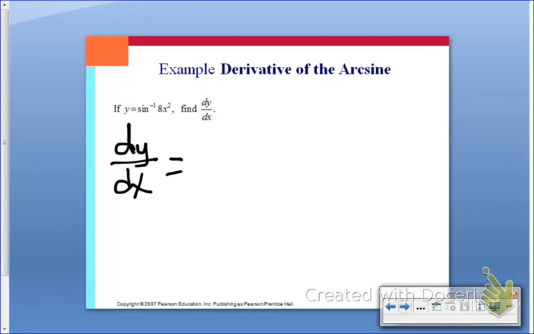Let's see what this will look like. What's our basic formula again that we're going to use? Dustin, what's our basic formula to use? Jana, what's our basic formula for inverse sine?